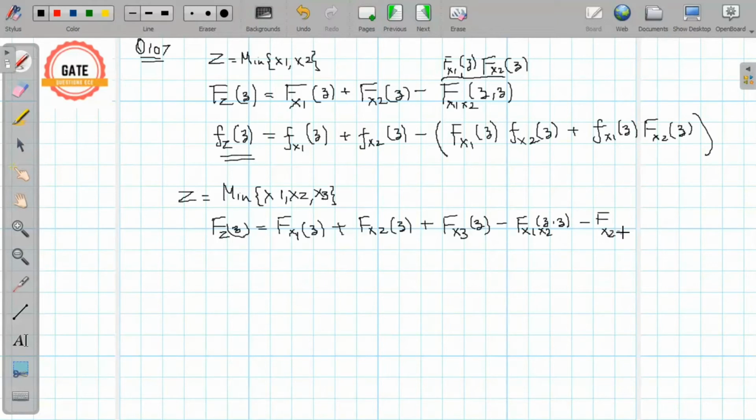So these are the possible combinations of the joint CDFs, plus the joint CDF of all three random variables.